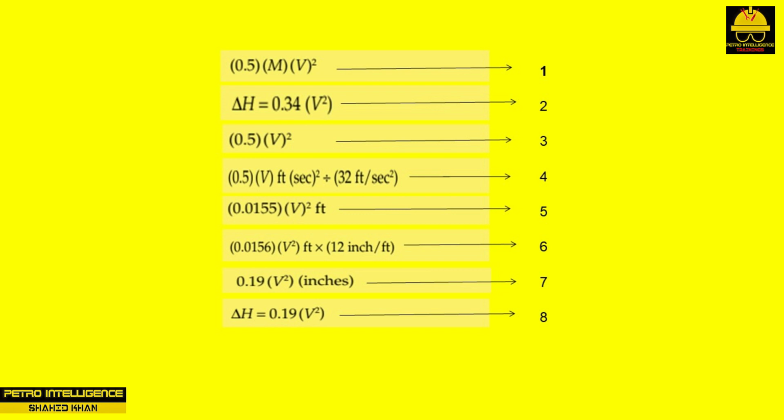Step 3, I'll now divide by the gravitational constant at the surface of planet Earth, 32.2 feet per second squared. 0.5 V squared feet squared per second squared divided by 32.2 feet per second squared, or 0.0155 V squared feet. Step 4, to convert feet to inches of liquid, I'll multiply by 12. 0.0155 V squared feet times 12 inches per foot, or 0.19 V squared inches. Then delta H in inches of liquid equals 0.19 V squared.